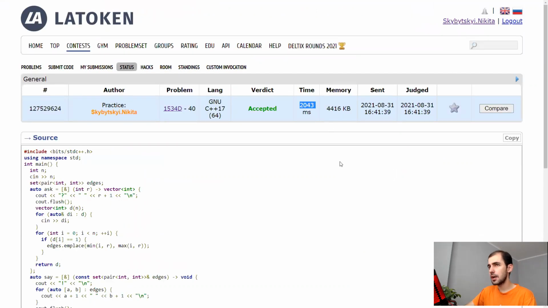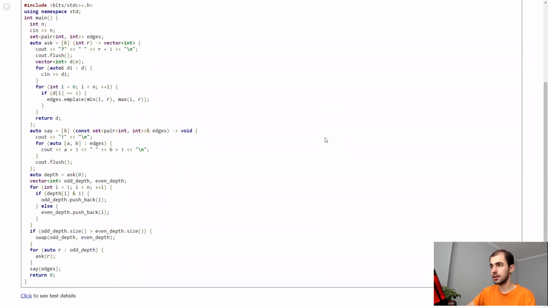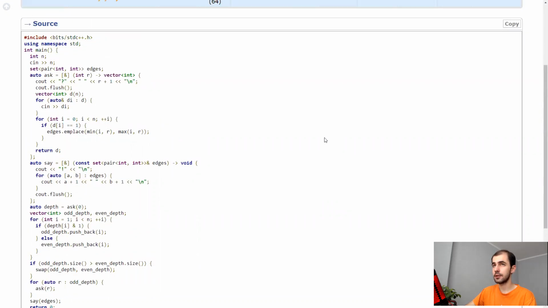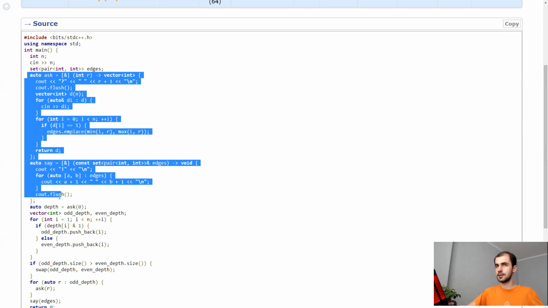It takes quite some time, I'm assuming, because we have a lot of input-output going on, like a quadratic complexity, of course, because we make n queries, and the answer to each query takes all of n memory. The way I usually solve interactive problems, since a certain point in time, is by defining functions like ask and say.